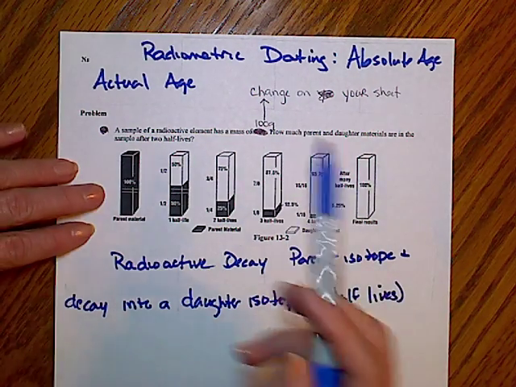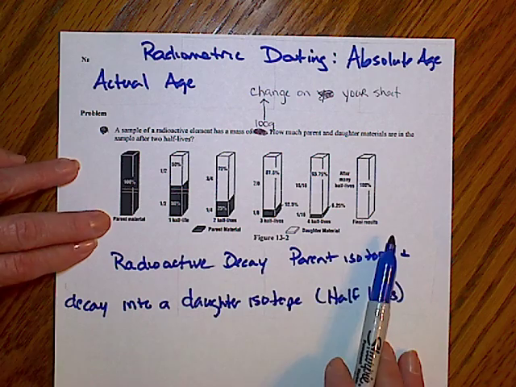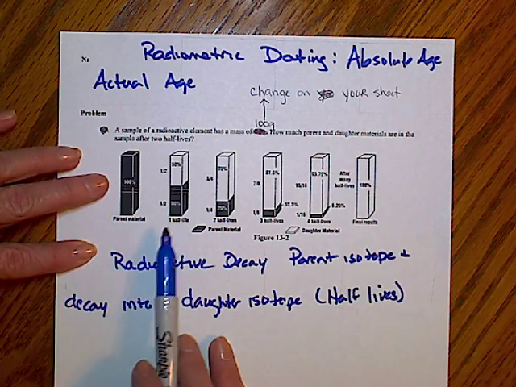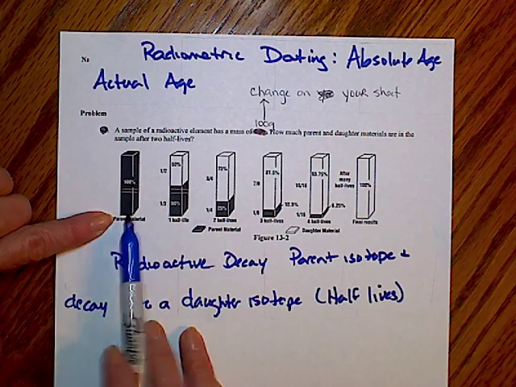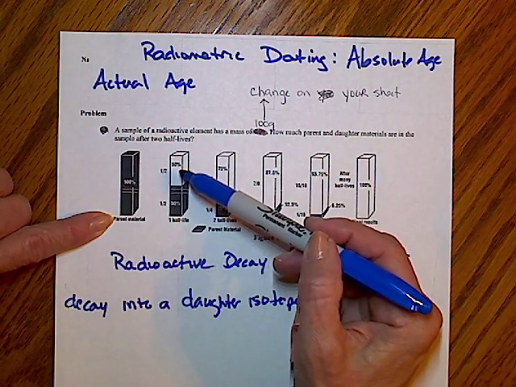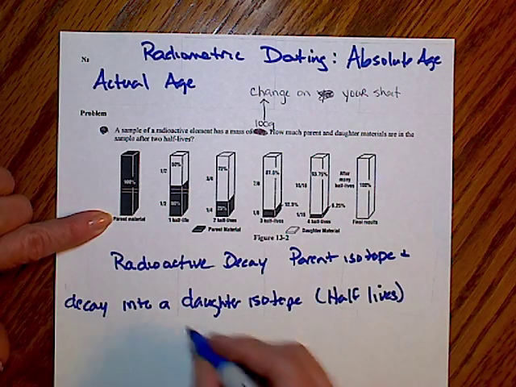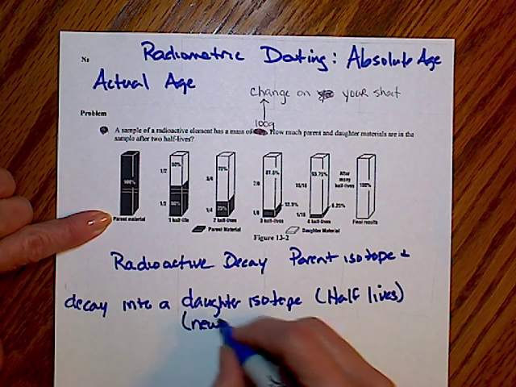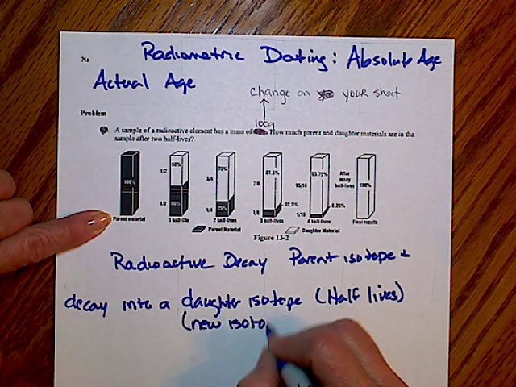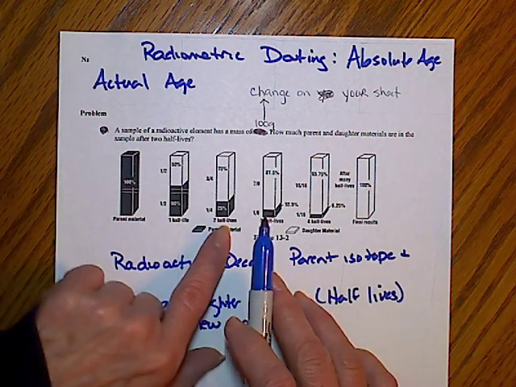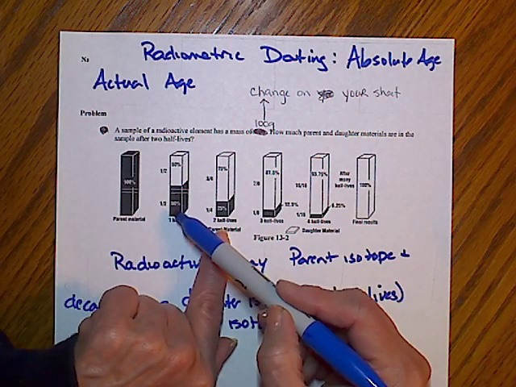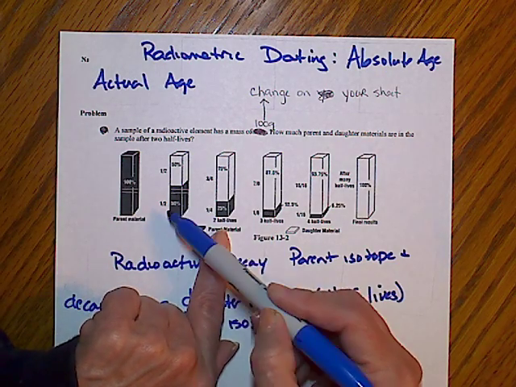So, for example, when we're looking at this material right here, at one half-life, I'm going to lose 50% of my parent material, which is going to become a daughter material. It becomes a new isotope. So your daughter material is a new isotope. Okay? And after the next half-life, the second half-life, I'm going to lose 50% of what I had before.